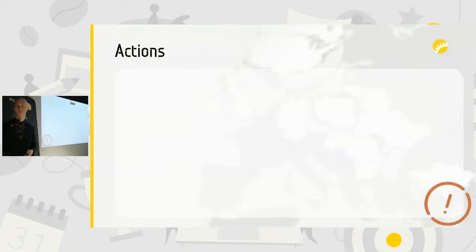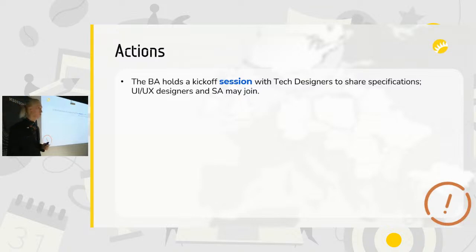The actions. So this one is to remember the exact steps to do. First of all, the business analyst organizes this session, a kickoff session for tech designers. It's optional. You may simply say, "Hi guys, there is a description here, you can read it, and mockups.